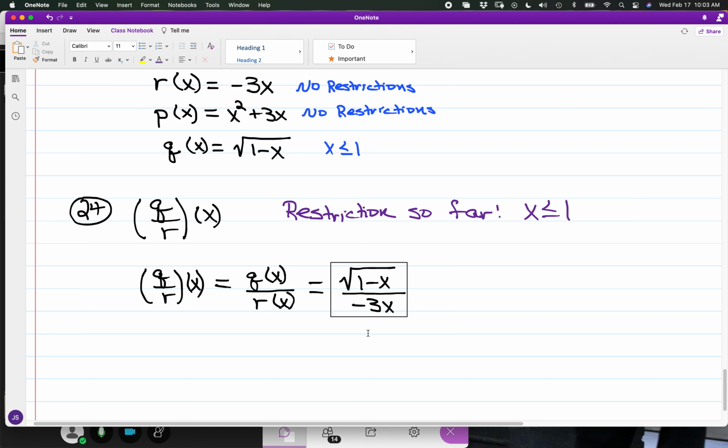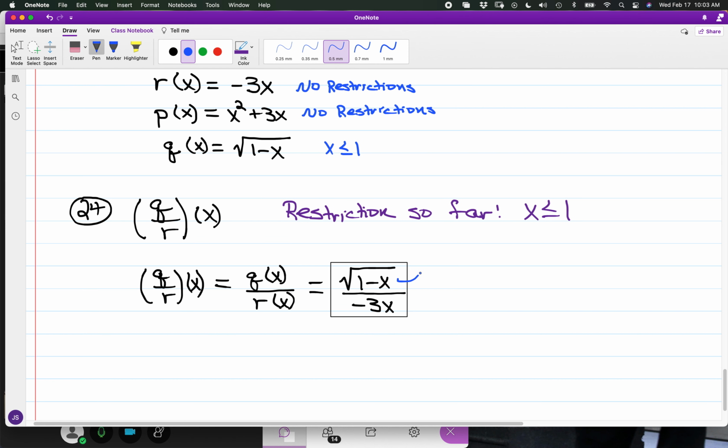Now, in the case of the restrictions, again, I said the restriction so far came from Q of X. So again, from the square root of 1 minus X, which you have for Q of X, X must be less than or equal to 1.